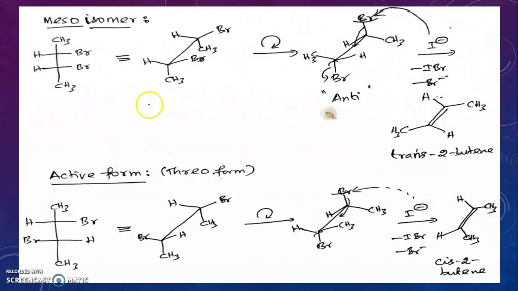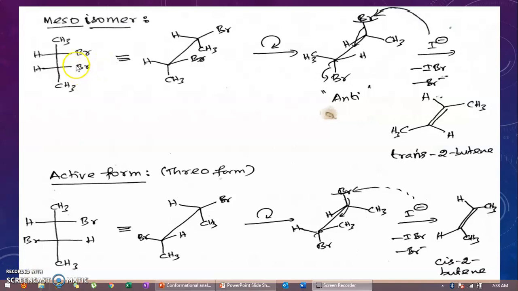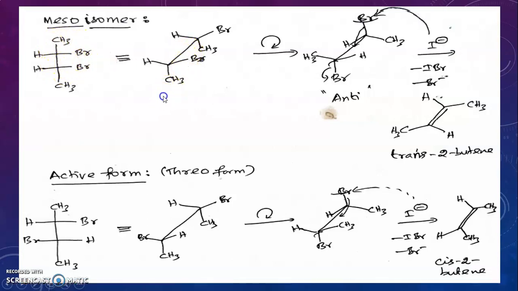So now, first we should convert this Fischer projection of meso into the corresponding Sawhorse or Newman projection. For understanding the reaction, the Sawhorse projection is much more convenient for us.